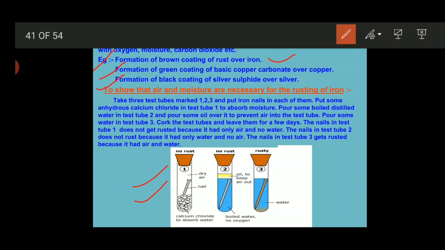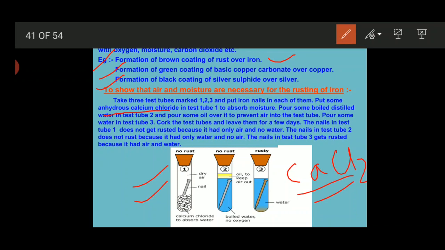Put some anhydrous calcium chloride, CaCl2, in the first test tube to absorb moisture. Pour some boiled distilled water in the second test tube and pour some oil over it to prevent air from entering the test tube. In the first test tube you put anhydrous calcium chloride, which absorbs all the moisture.